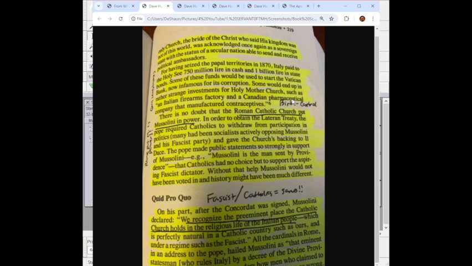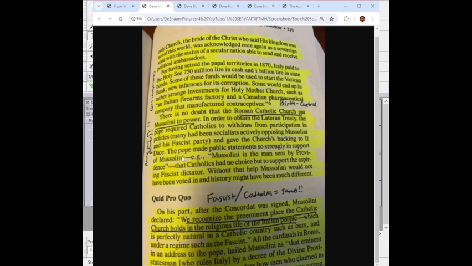There is no doubt that the Roman Catholic Church put Mussolini in power in order to obtain the Lateran Treaty. The Pope required Catholics to withdraw from participation in politics. Many had been socialists, actively opposing Mussolini and his fascist party, and gave the church's backing to Il Duce.